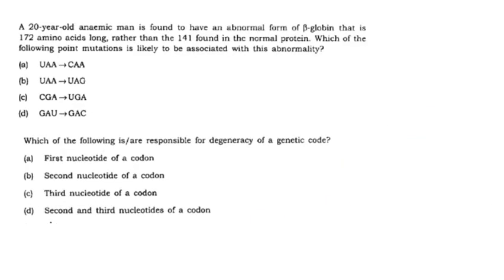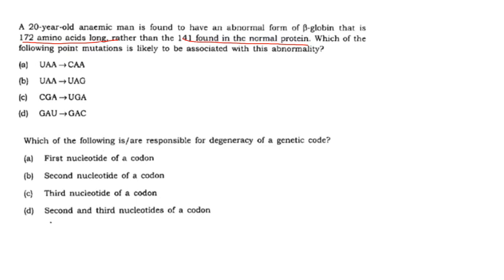Next question, a 20-year-old anemic man is found to have an abnormal form of beta globin that is 172 amino acids long rather than the 141 that is found in normal proteins. Which of the following point mutations is likely to be associated with this abnormality?